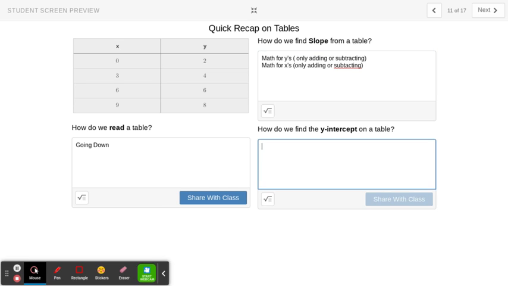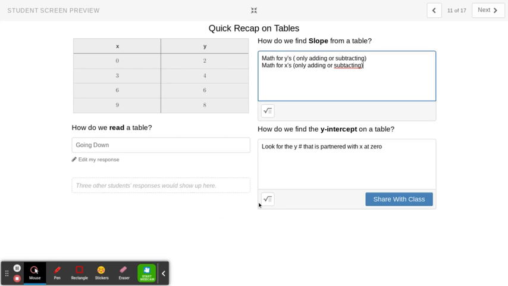How do we find the y-intercept on the table? Well, we look for the y number that is partnered with x at 0. So when x is 0, we find the y number. Okay.